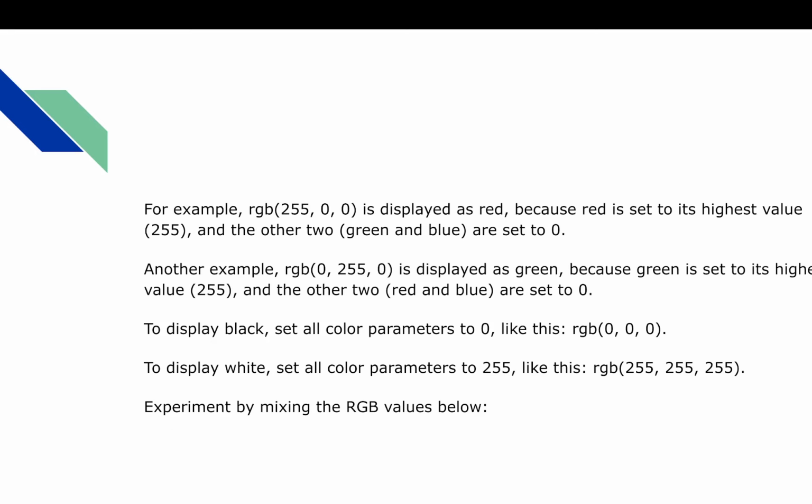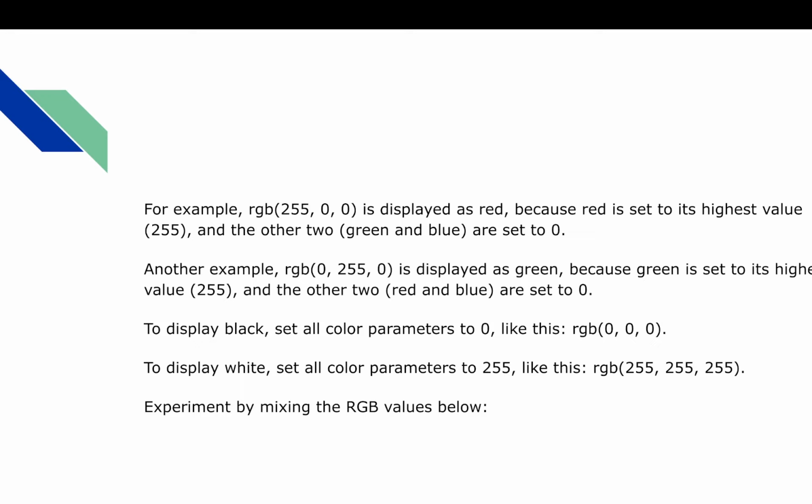So for example, RGB with the value of 255, which is red, and the green is 0, and the blue is 0. They say it displays red. Since the only value here is 255, which is red, it displays red.